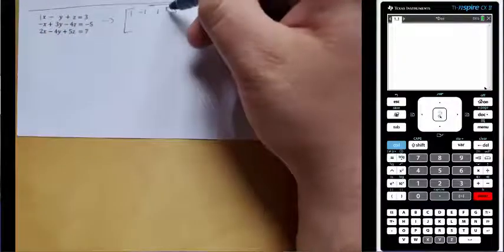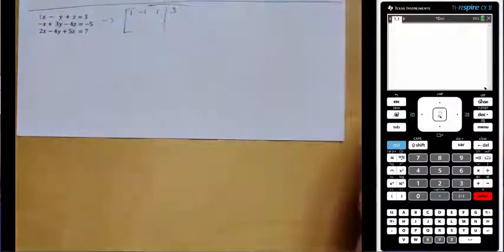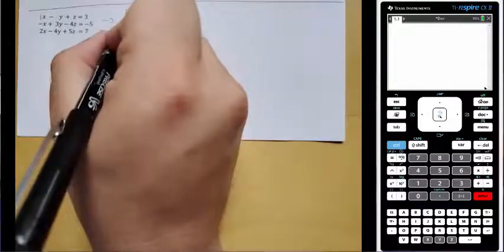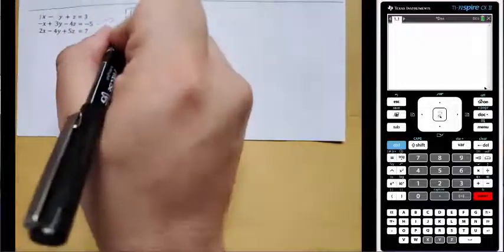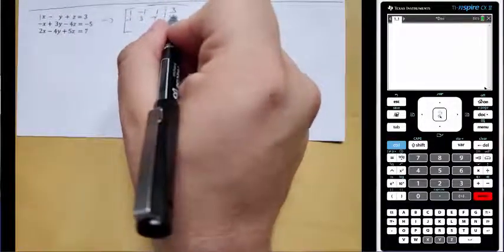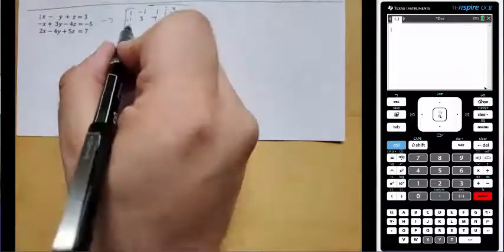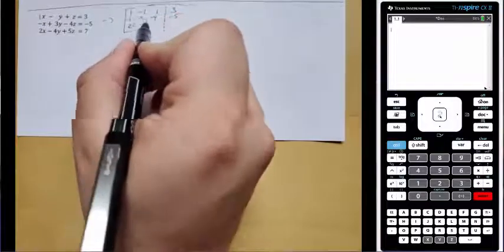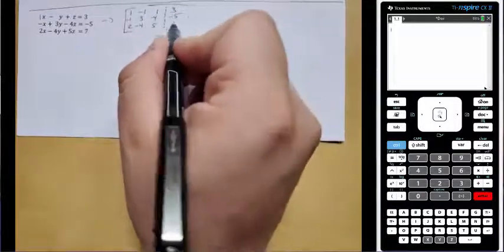And often we'll put a dotted line to represent where the equal signs might have been. The coefficients in the second equation are -1, 3, -4, and -5. And then lastly 2, -4, 5, 7.